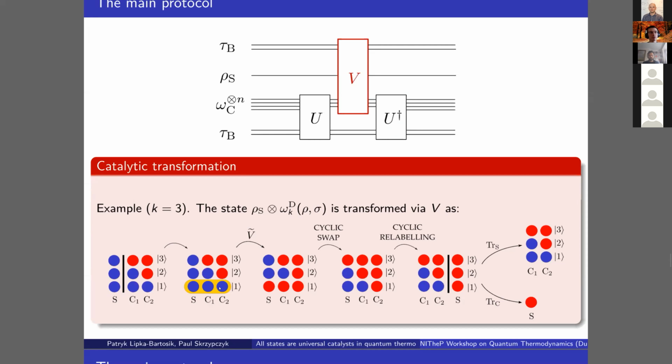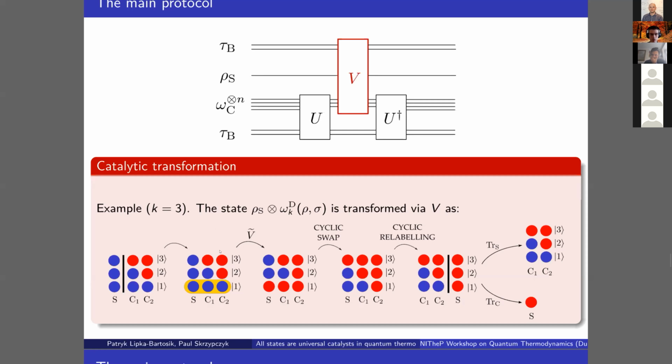Perhaps, sorry for my ignorance, it's because I'm not an expert in master equations, but I believe that as long as you are able to perform this multi-copy transformation in such a way that you don't disturb other parts of the classical register, right? So as long as you are able to write down the master equation in such a way that all those classical registers and the corresponding quantum states don't change.